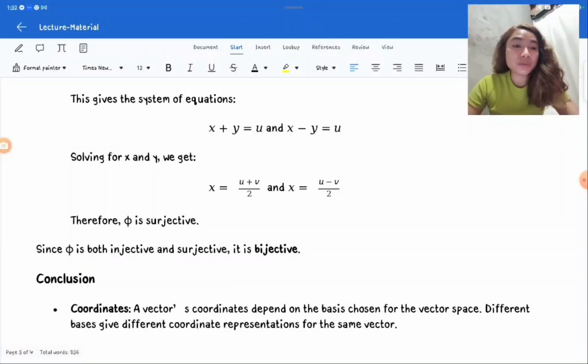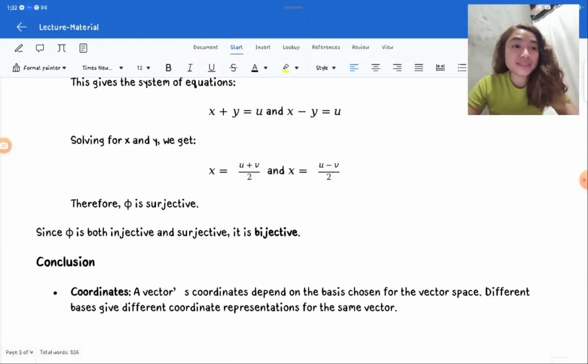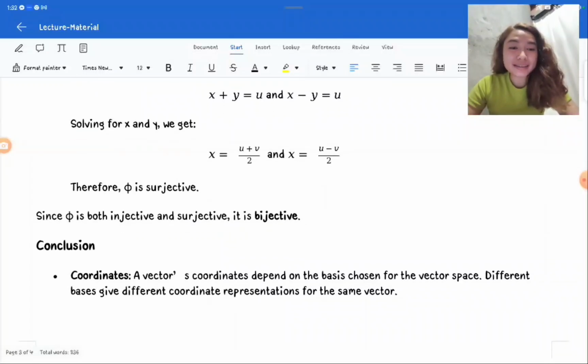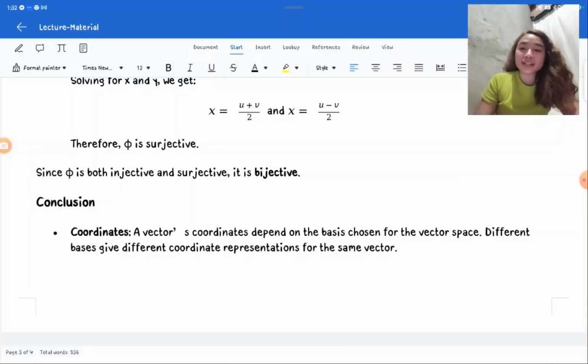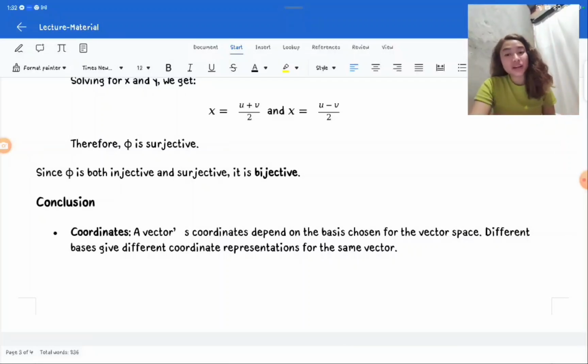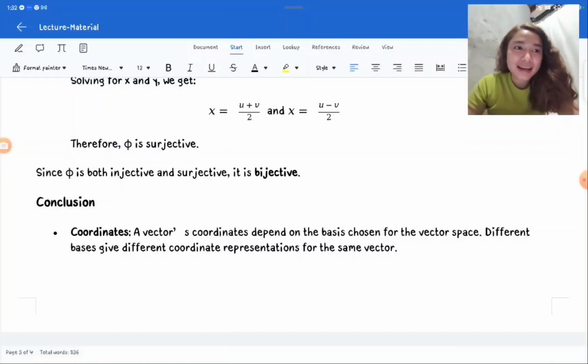Solving for x and y, we get x equals (u plus v) over 2 and y equals (u minus v) over 2. Since we can always find such a pair x and y for any (u, v), pi is surjective. Since pi is both injective and surjective, it is a bijective map, and therefore pi is an isomorphism.